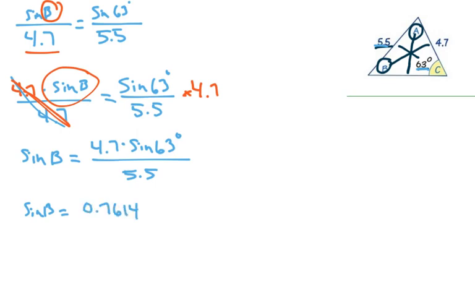Now remember, I'm trying to find just angle B. The way that I can undo this sine function is by doing the inverse sine of both sides. So I'm going to do sine to the -1 of both sides.